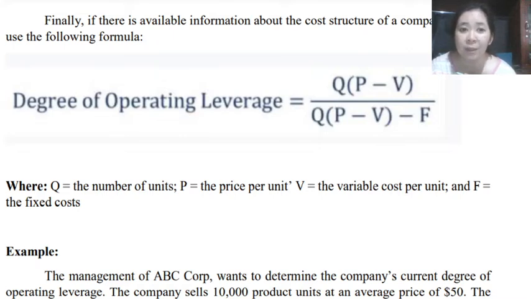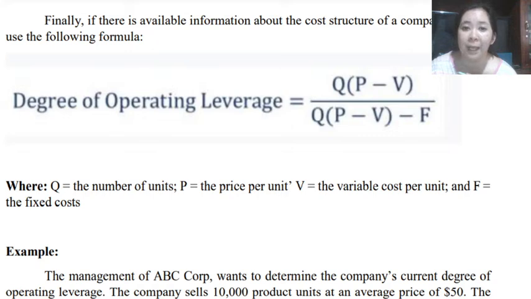Variable Q pertains to the number of units. P is the price per unit, V is the variable cost per unit, and F is our fixed cost.